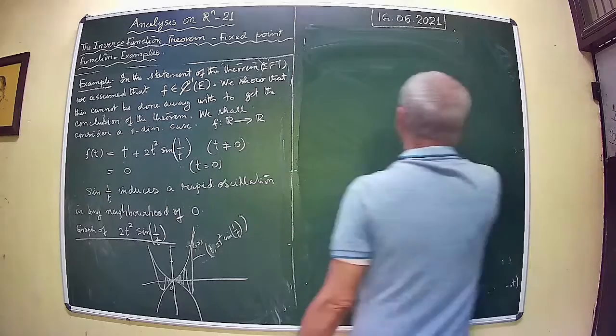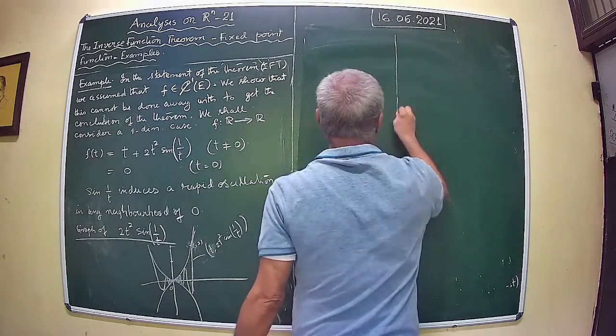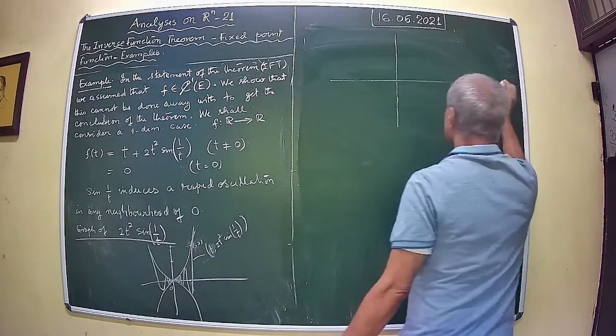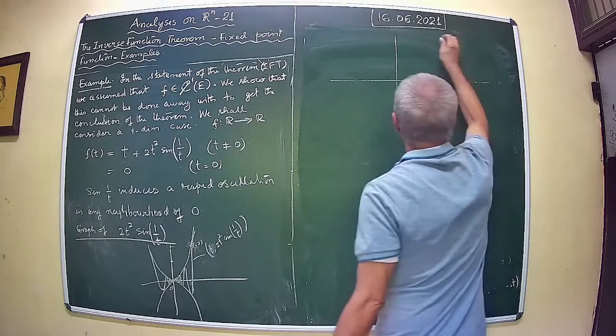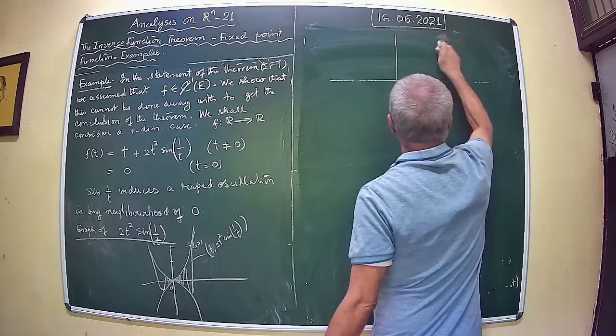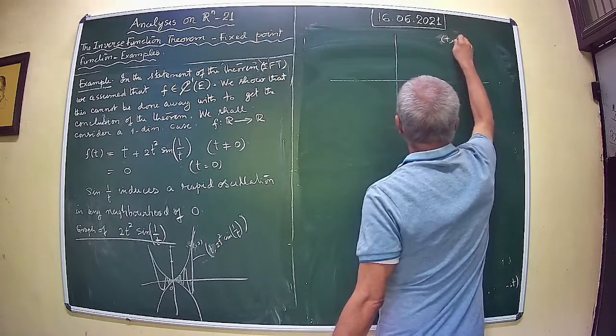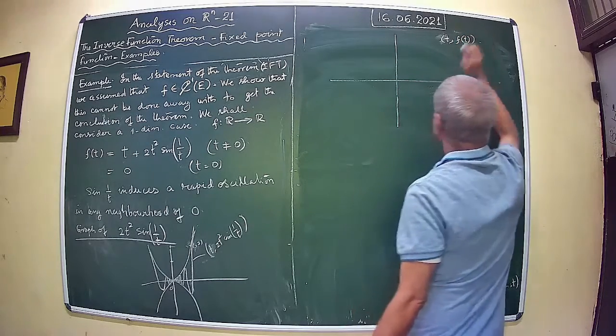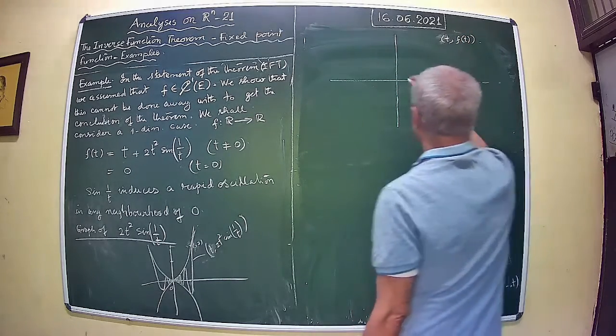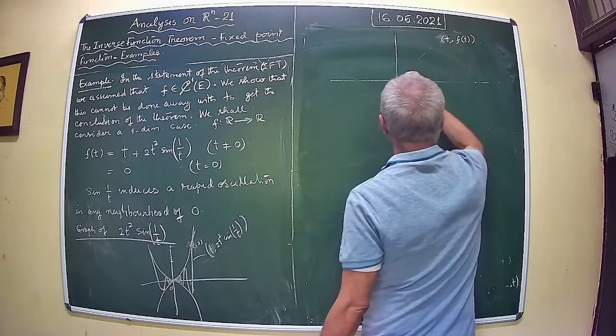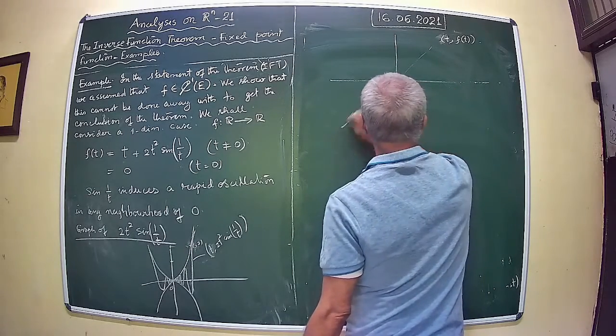If we were to draw the graph of this function f of t, this is the line t.